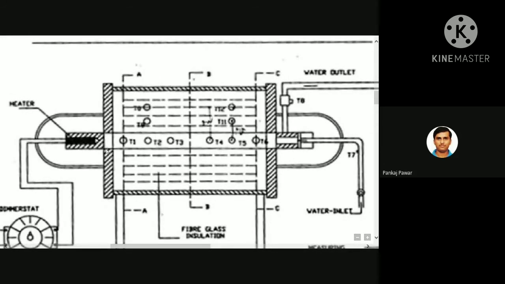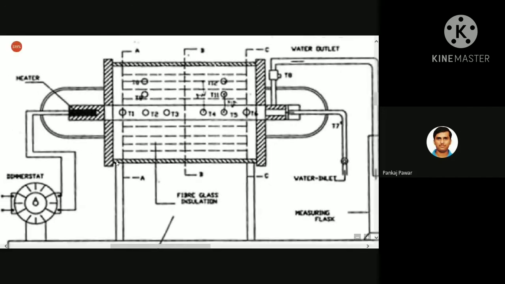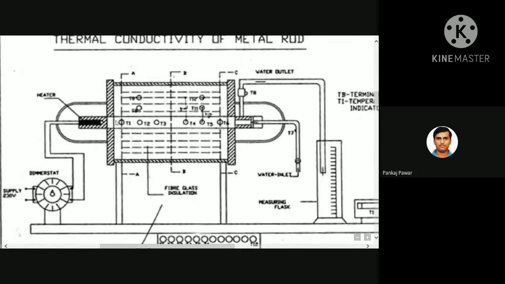Okay. So this part on the left side here, this is nothing but the heater part. So that metal rod is heated at this left side. Now heat is flowing through this metal rod in the horizontal direction to the other end, the right-hand side. So you will give heat on the left side and heat will be conducted to the right side of the metal rod.